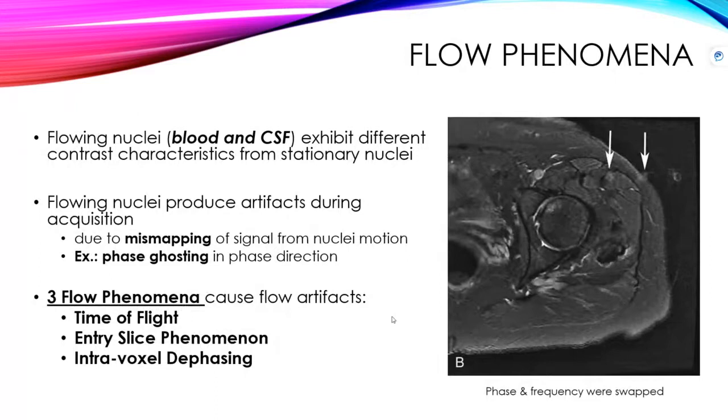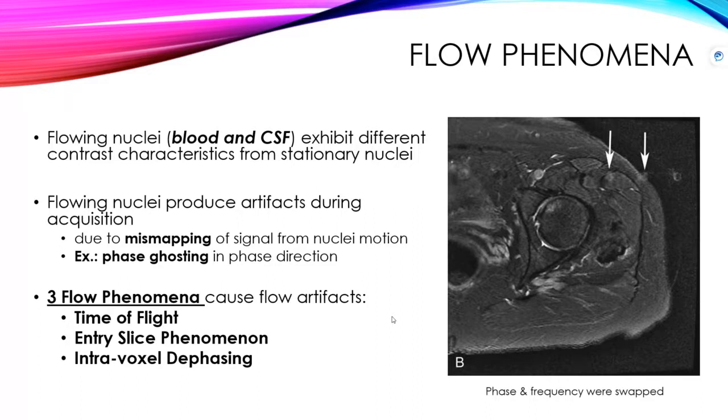So flow phenomena are the types of artifacts or the types of signal that we will actually get from blood when we are imaging it. Flowing nuclei, whether it's blood or CSF, is going to have different characteristics from stationary nuclei.